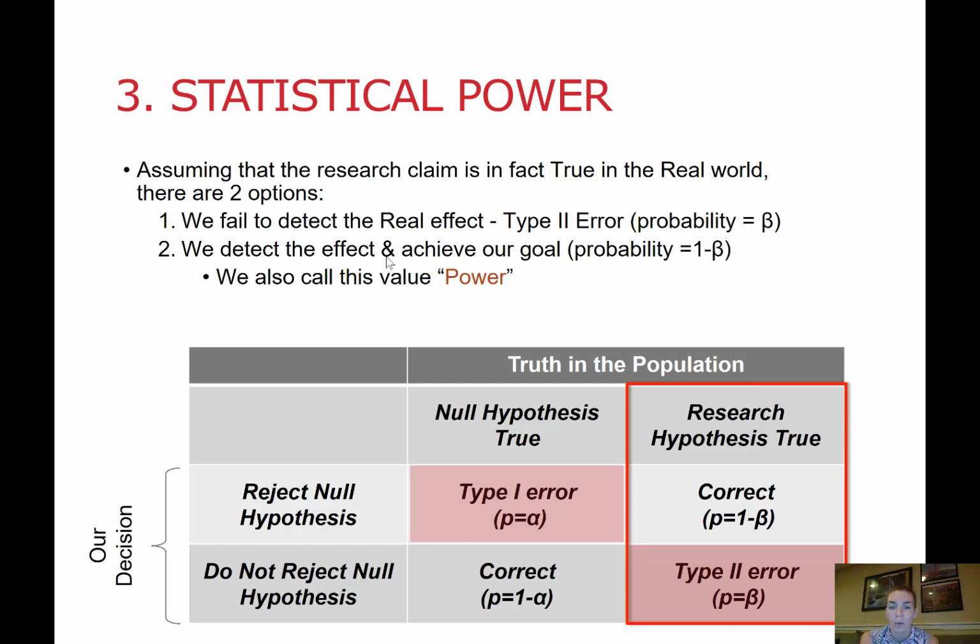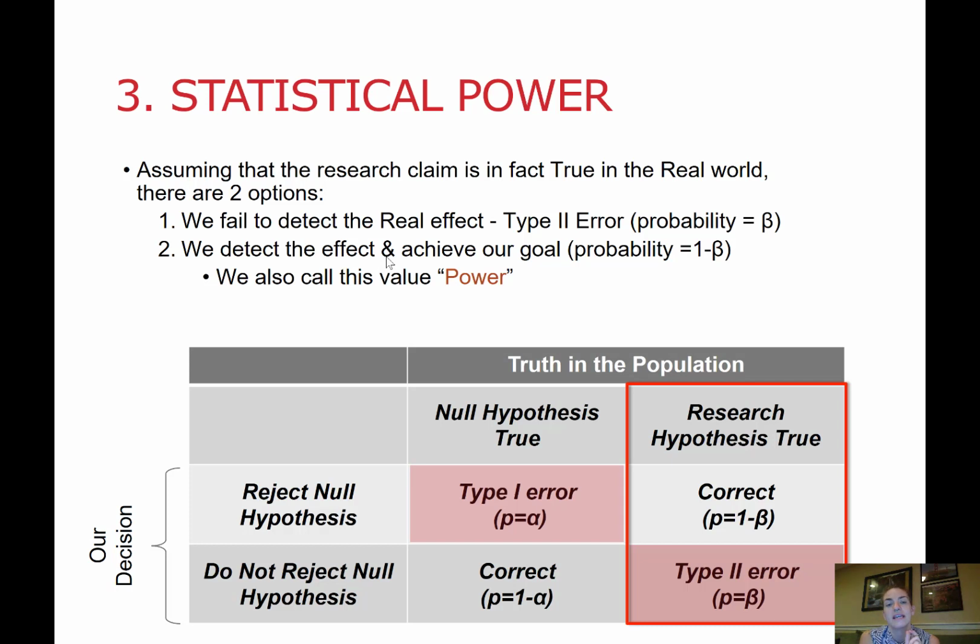So we can either fail to reject the null, making a type 2 error. Or alternatively, if we don't fail to reject the null, we reject the null appropriately, and that is our statistical power. Because there are only 2 options, those probabilities must add up to 100% or to 1.